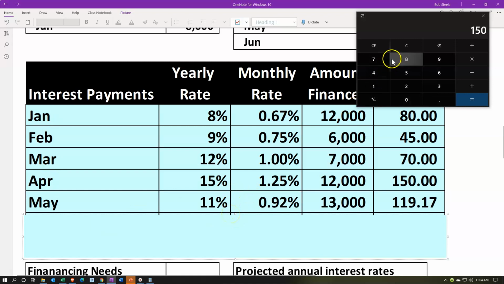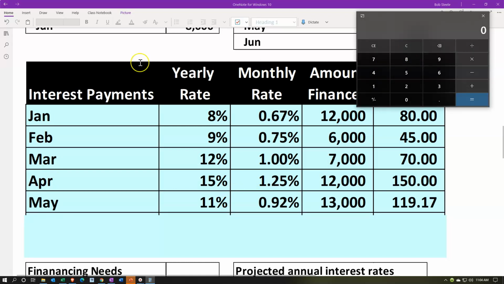Then we have May. So May is going to be the 11%. So we take the 0.11 divided by 12. That would give us 0.0091. Notice there's a lot of rounding involved here. If I take the actual number up here, or closer to it, times the 13,000, we're going to get the 119.16.